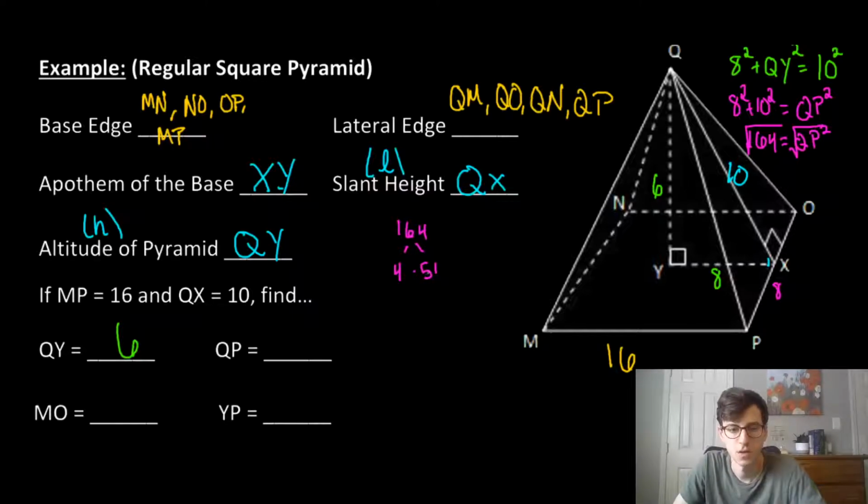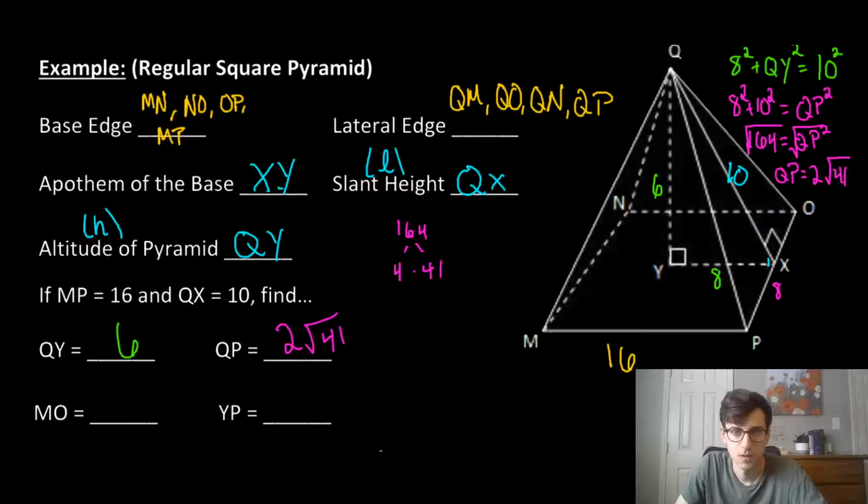No, that can't be right. 4 times 41. There we go. So then QP would be 2 times the square root of 41. 2 root 41.